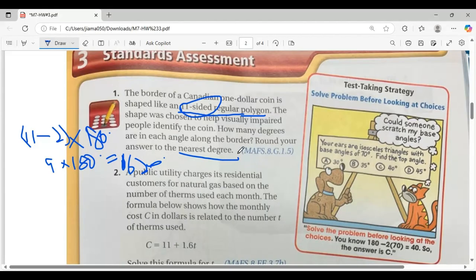Okay, so we should find the degrees of each angle on the border.